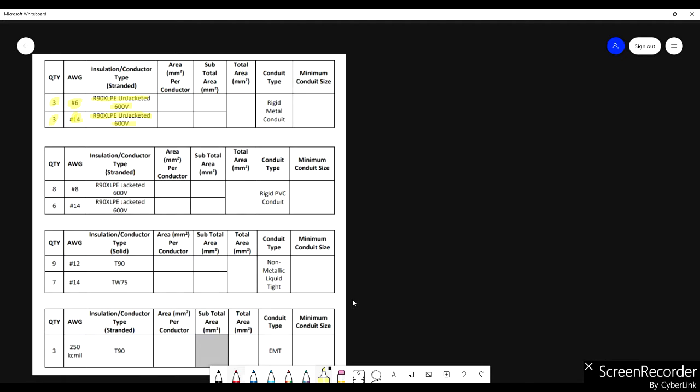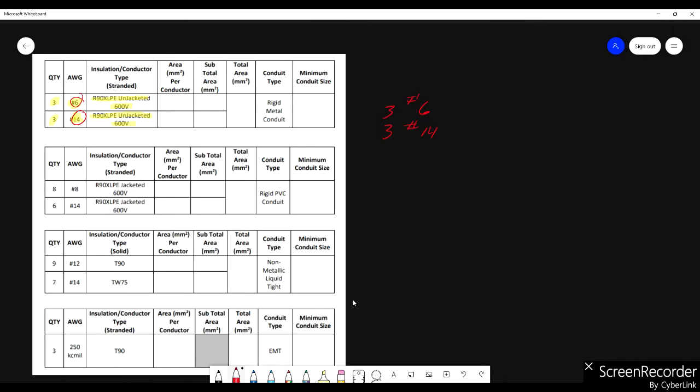Right, so you got to watch for that. Okay, so I have 3 number 6s, and I also have 3 number 14s. Okay, 3 number 6s, 3 number 14s.